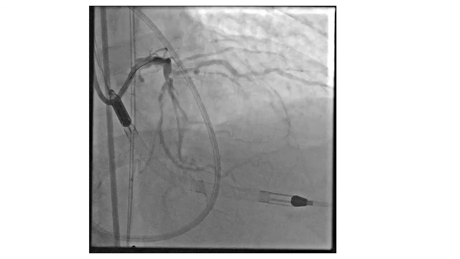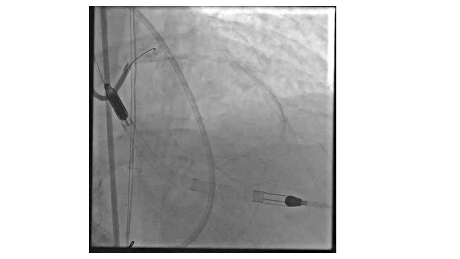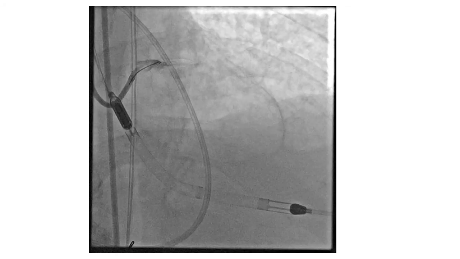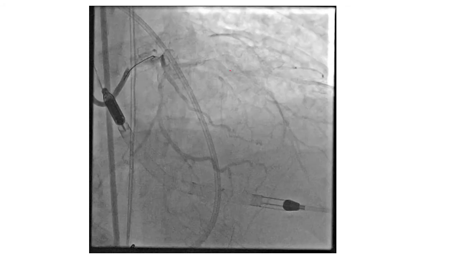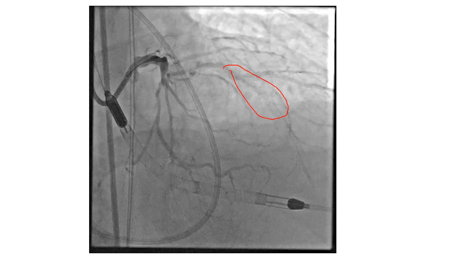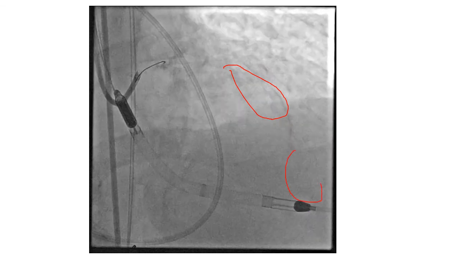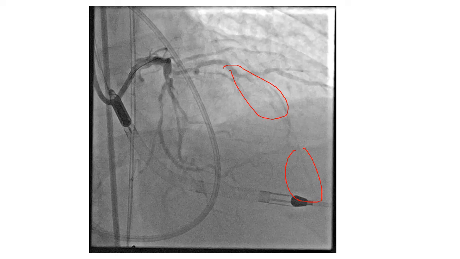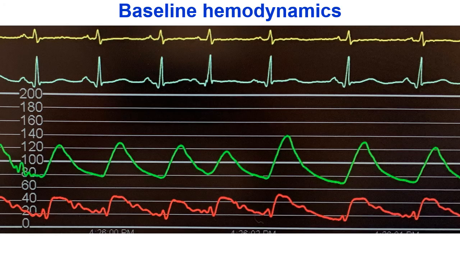So this is his angiography, and a lot of overlap here, but it shows the LAD CTO here with late filling in the distal LAD. Given his high risk, we performed right heart cath to get his baseline hemodynamics.